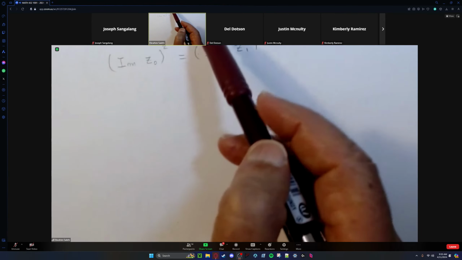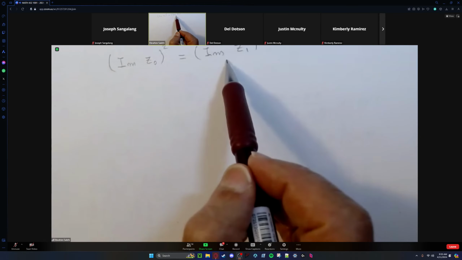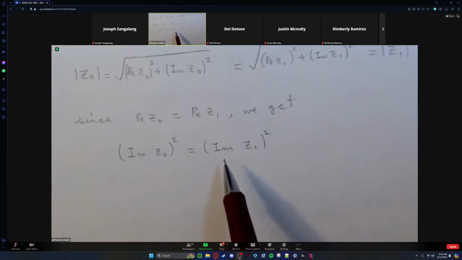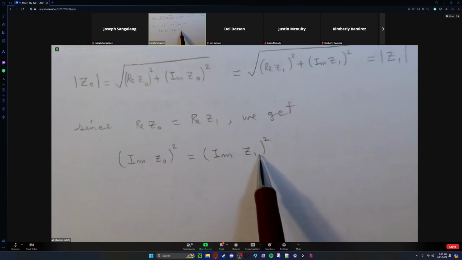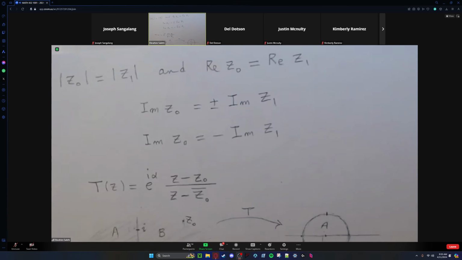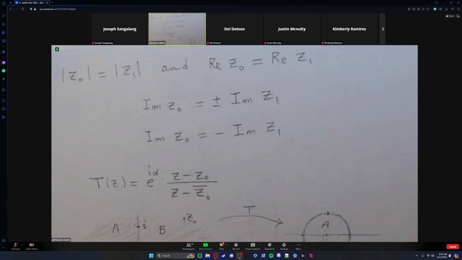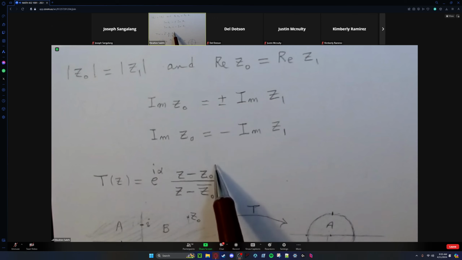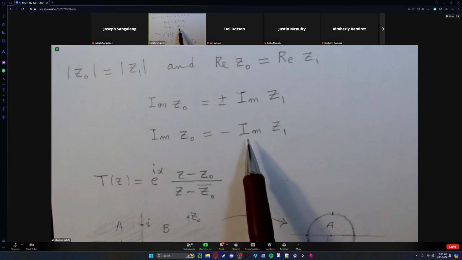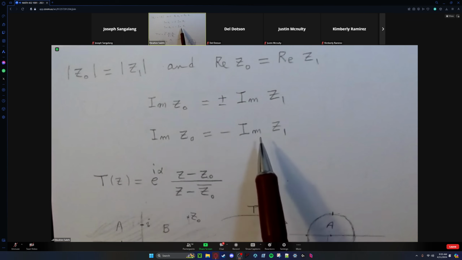When the real parts are the same and we have equality, that means these two are the same. Oops. So the imaginary part of Z0 is plus or minus the imaginary part of Z1, okay? But if the imaginaries are the same, these two numbers will be the same, that doesn't give us anything. It will give us a constant. But we better have one be the negative of the other one, right?